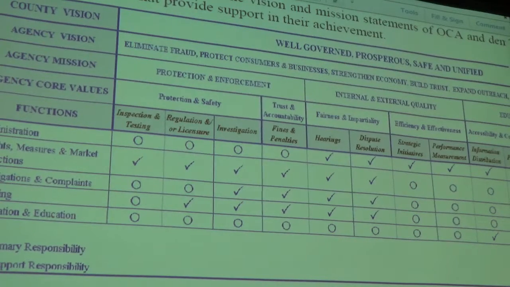Going vertically, we identify how each division is affected by each function. For inspections and testing, we look at which division is affected. So you look at both vertically and horizontally. The check mark says primary responsibility, and then we look at whether the other divisions provide support responsibility.